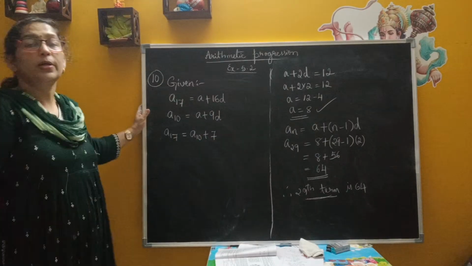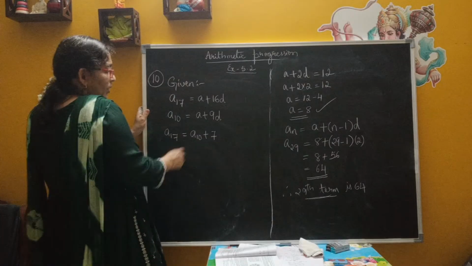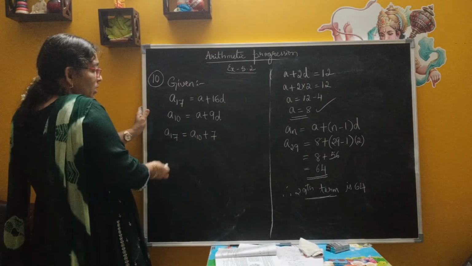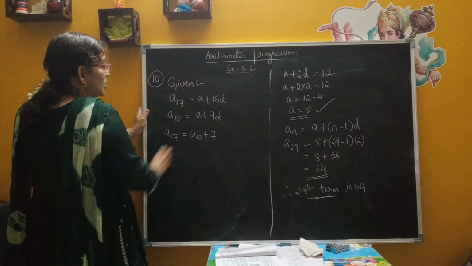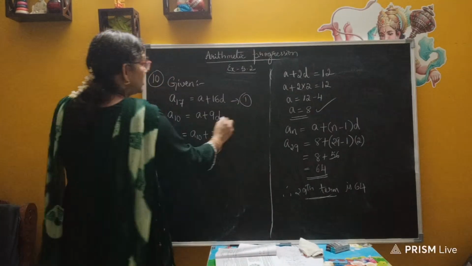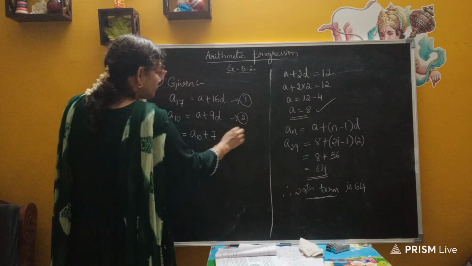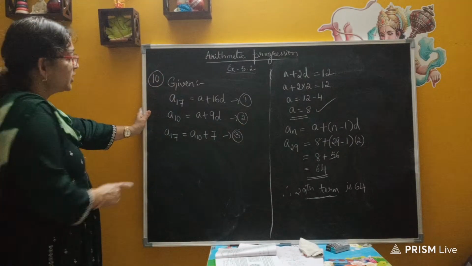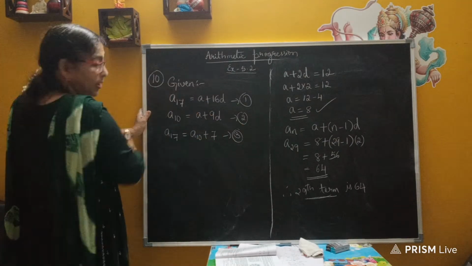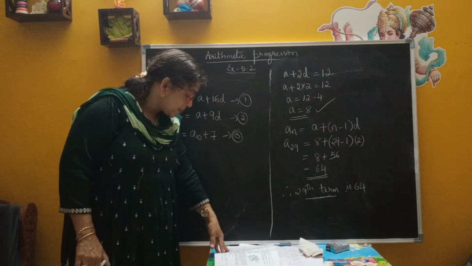Exceeds by 7, that is 7 more. A17 equals A10 plus 7. Let us take these as equations 1, 2 and 3. Let us substitute equation 3 in 1. Nothing else is given in this problem.